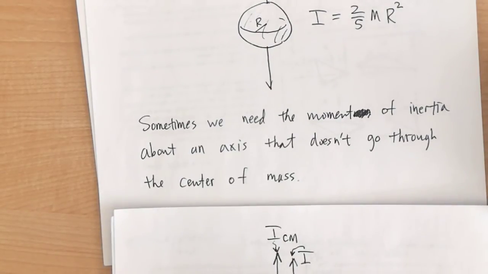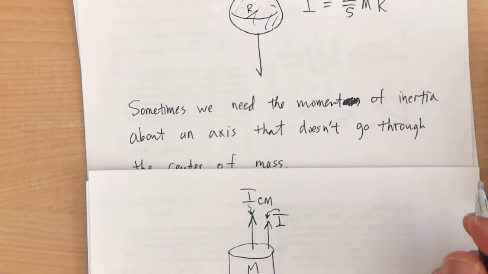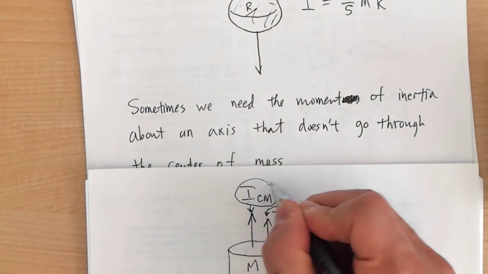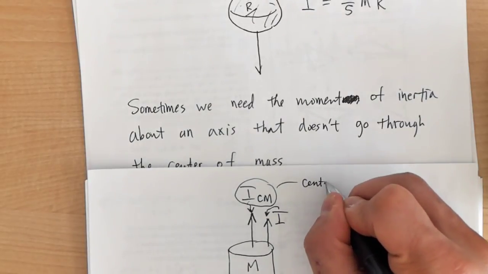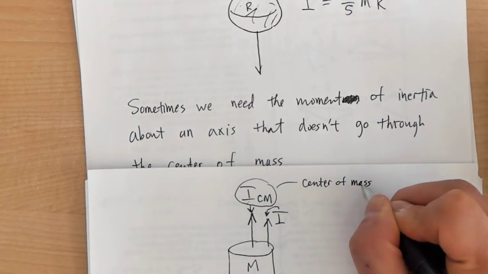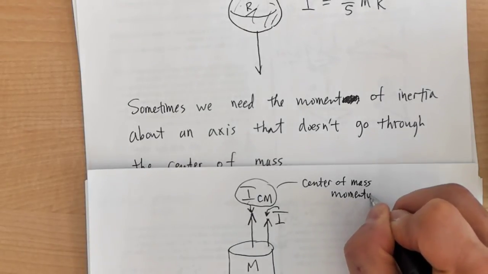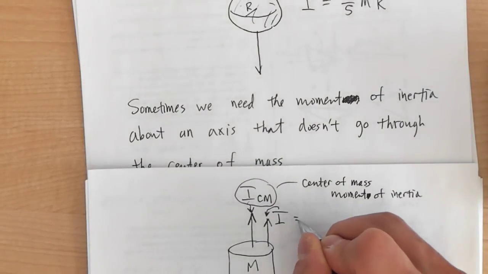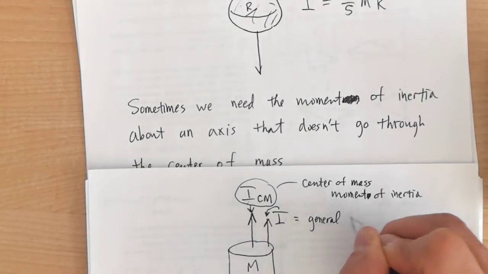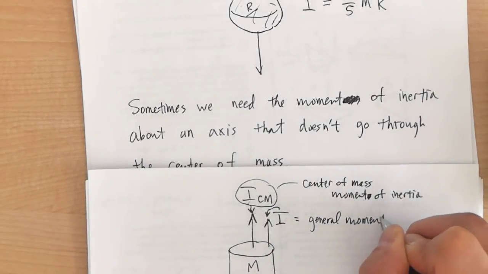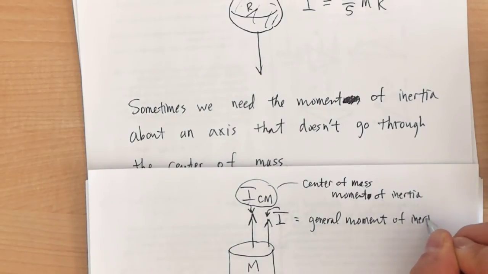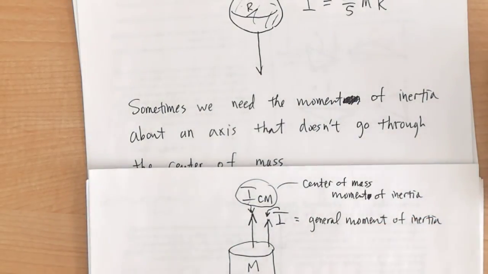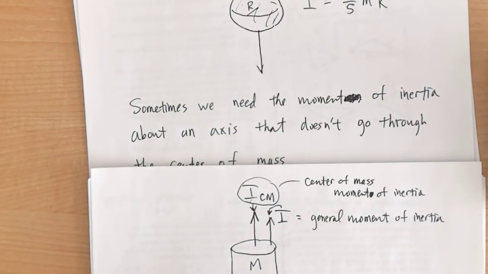If the axes are parallel, and there's a separation h between the two, and the object has a mass m, there's a very simple formula. So this is for the center of mass moment of inertia. And this is some general moment of inertia about a parallel axis. This is what's called the parallel axis theorem.